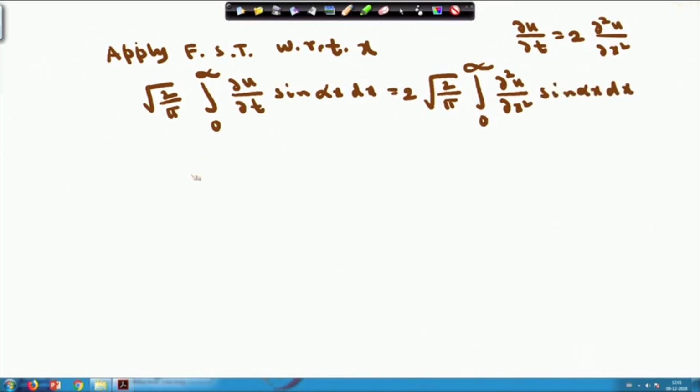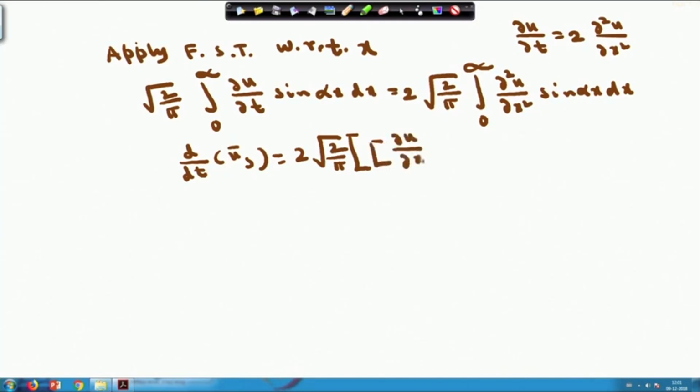So, the left hand side again will be d dt of u bar s, and the right hand side, if I evaluate the integral by parts, I will obtain the first one, del u del x into sine of alpha x from 0 to infinity, minus alpha into integral 0 to infinity del u del x into cos of alpha x dx.